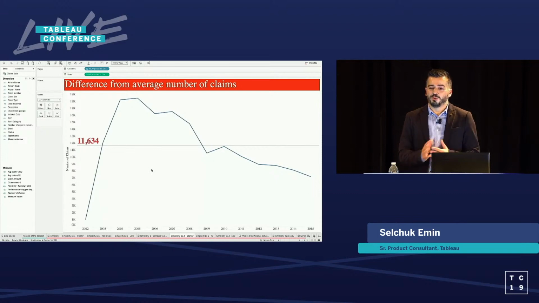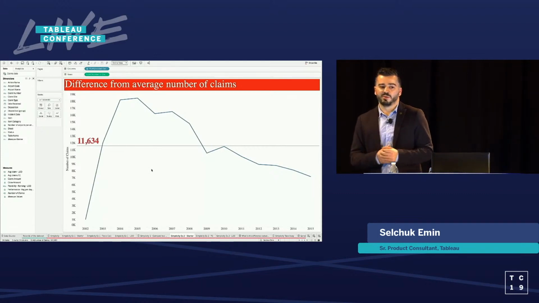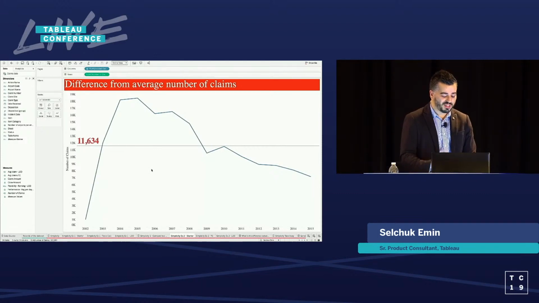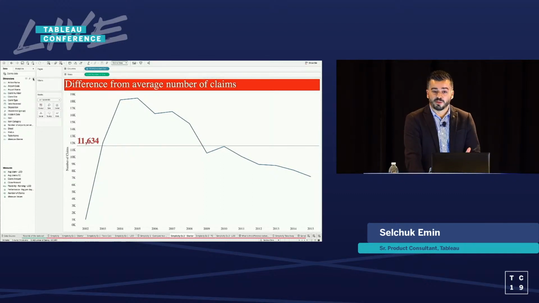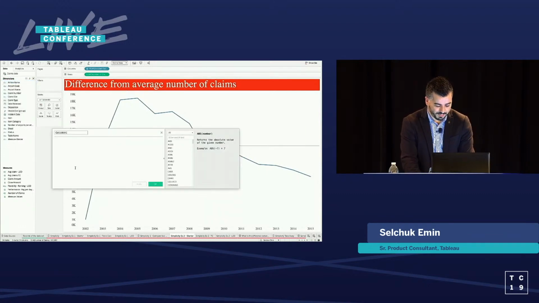So now what I want to do is to calculate the so-called residual, or the difference between the actual number in each year and the average for the total period. So let's do that first with the table calculation. And I'll call this average difference, TC.